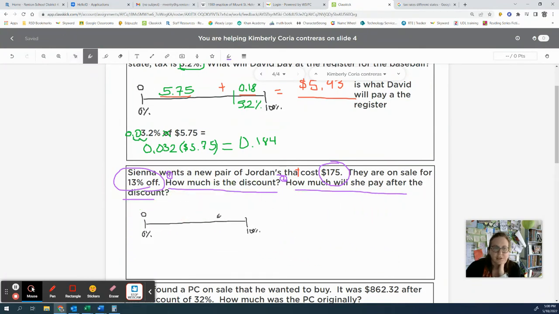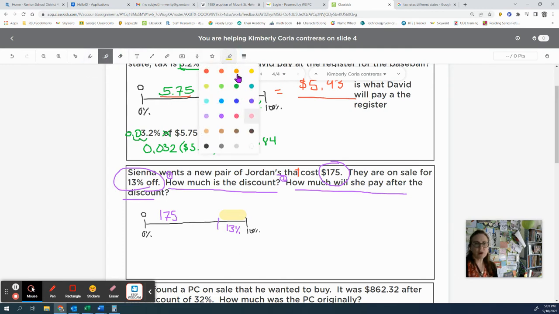And the original cost is $175. But there is a 13% off discount. And we want to know how much is the discount. And then we want to know how much she's going to pay after the discount. So we want to know what the final price is.